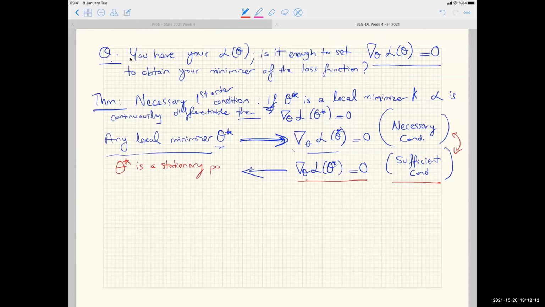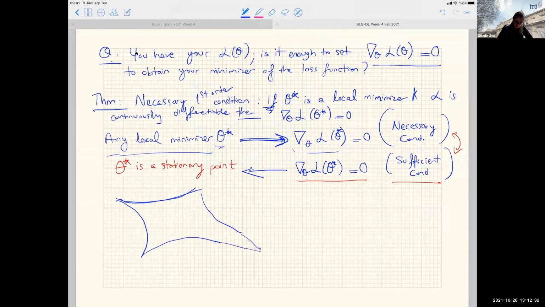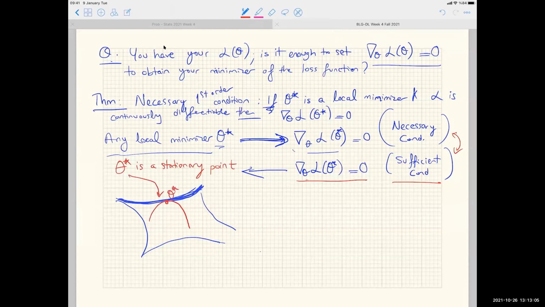For a stationary point, I know the gradient vanishes, but there is a convex side and then a concave side here. I'm trying to make this look like something. You see, this stationary point is a saddle point, right? You see the point now.